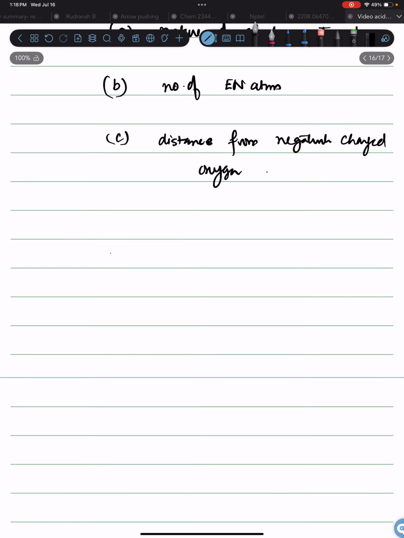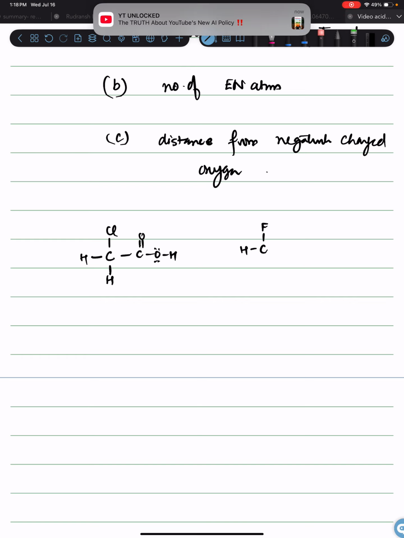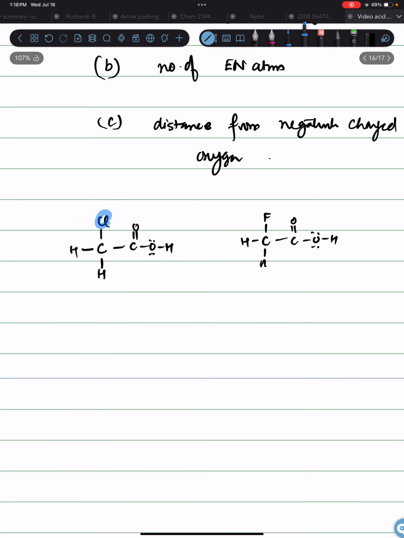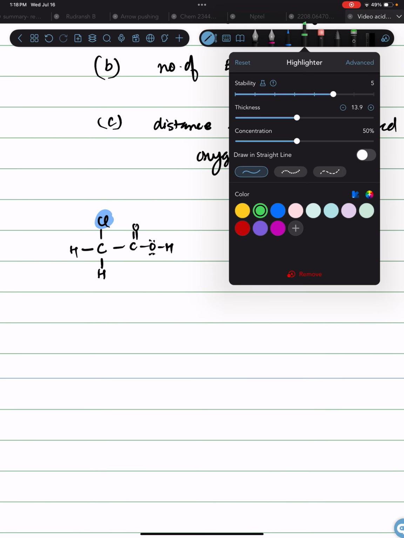Okay, let's see this with examples. Suppose I have to compare the acidic strength of monochloroacetic acid with that of monofluoroacetic acid. In this case, the only factor which differs is that we have chlorine here and fluorine there.